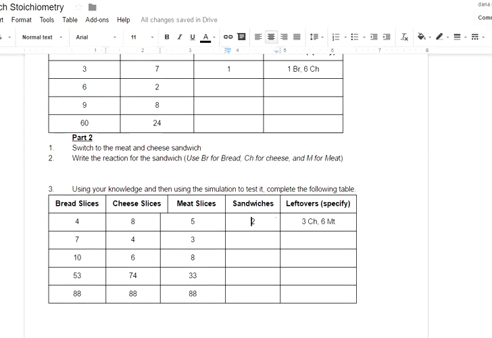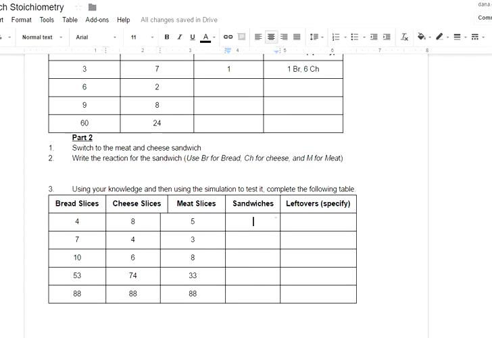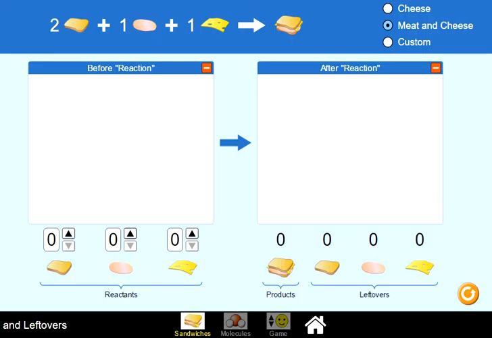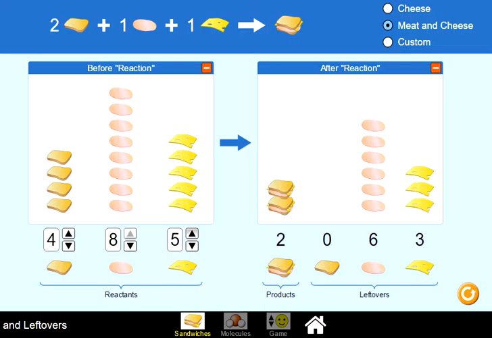Now I'm going to delete this one down here, and then when I scroll down, I will do the same using the meat and cheese. So now we'll go 4, 8, and 5. Notice the chemical reaction here is 2 slices of bread, 1 meat, and 1 piece of cheese makes a sandwich.